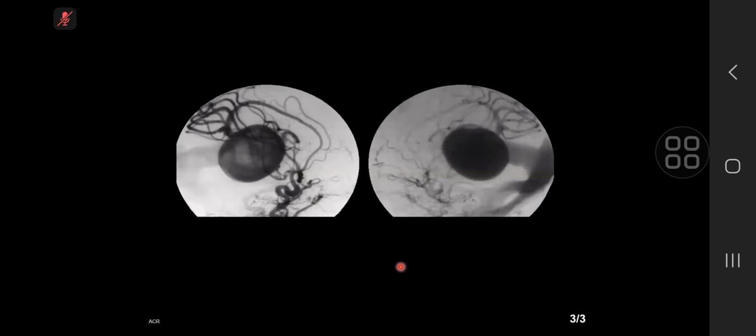This confirms the finding of vein of Galen malformation in this patient. I would refer to neurosurgery given the significant hydrocephalus that this is causing. Okay.